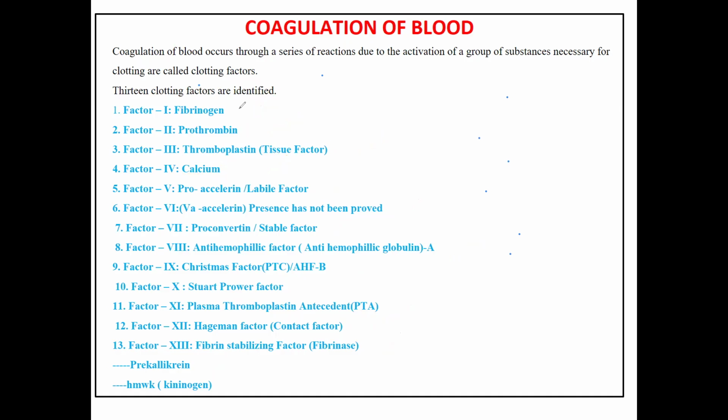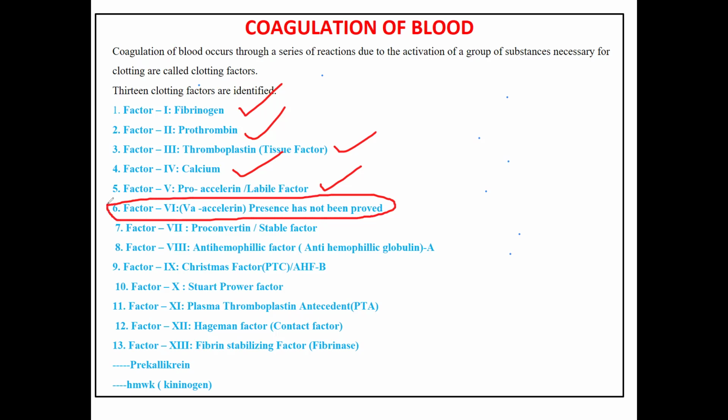Fibrinogen, prothrombin, thromboplastin, which is known as tissue factor, calcium, proaccelerin or labile factor. You remember here, actually, this factor is not a separate factor. It is the activated fifth factor. That's why it is called accelerin, and this is proaccelerin. Generally, for example, factor 1 is inactive.